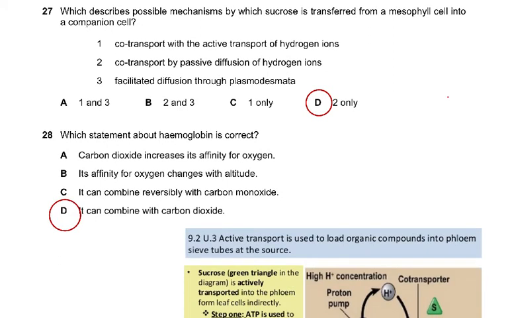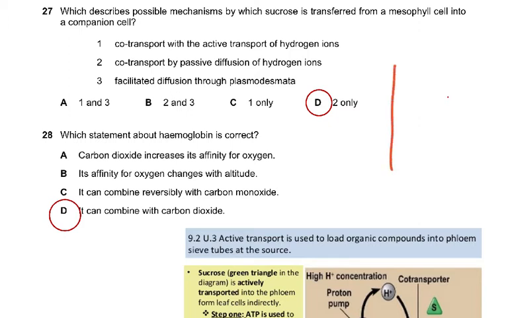So question 26, then we go on to question number 27, which describes a possible mechanism by which sucrose is transferred from a mesophyll cell into a companion cell. Co-transport with the active transport of hydrogen ions, co-transport by passive diffusion of hydrogen ions, and then facilitated diffusion through plasmodesmata. Now, this was not between the companion cell and the sieve tube. It says which describes a possible mechanism by which sucrose is transferred from a mesophyll cell.